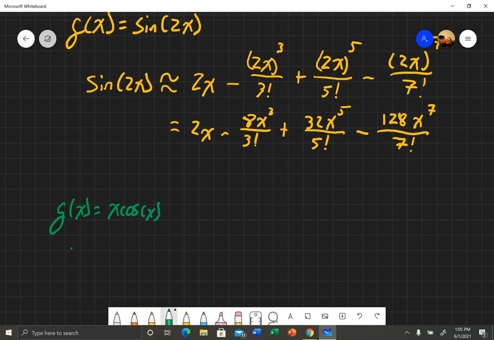Okay, so cosine of x is approximately equal to 1 minus, we had an x squared over 2 factorial plus x to the 4th over 4 factorial minus x to the 6th over 6 factorial.